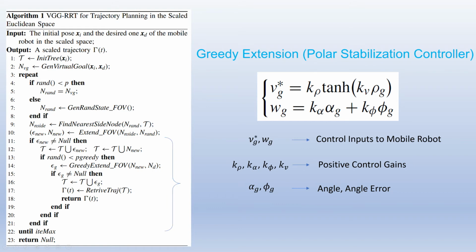And this part is called the grid extension, which is also the second part where the VGGRRT algorithm differs from the pure RRT algorithm. For this grid extension process, it has the polar stabilization controller, which is defined in this formula, and there are also explanations for the parameters here.